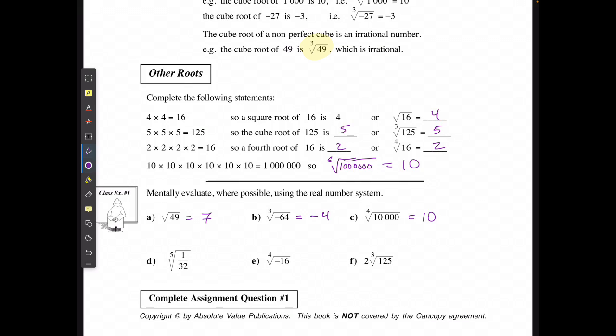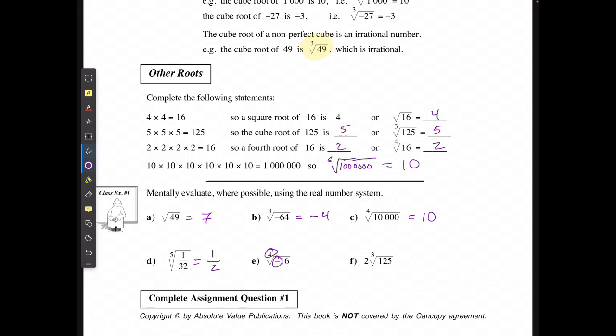If I'm doing it for a fraction, remember I need to take the fifth root of the numerator and of the denominator. Well, 1 multiplied by any number of times is going to be 1. A number that can multiply by itself 5 times to make 32 is 2, so it's just going to be 1/2. If I try and take the fourth root of negative 16, I can't take an even root of a negative number.